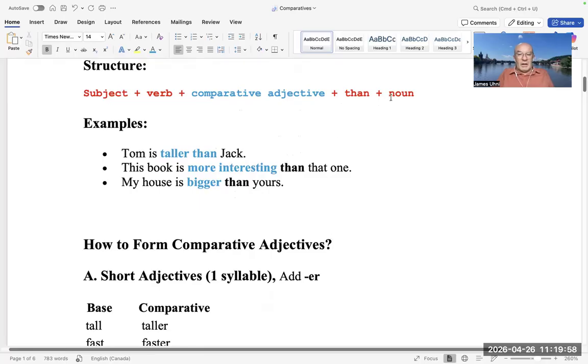And then there is a noun, or if you want, an object. But the object must always be a noun. It cannot be that one. It cannot be, this book is more interesting than that one in the shelf over there. That would be too long an object. That's why we have noun over here.